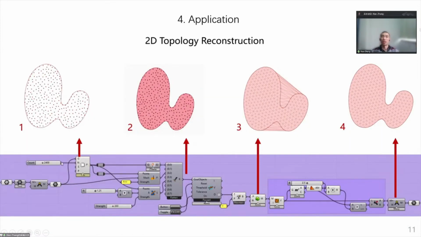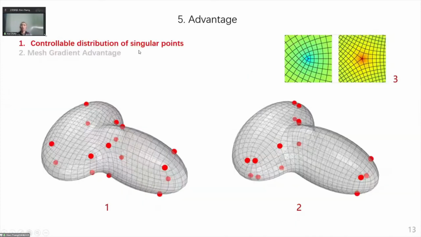Here is the mesh function to join onto it, but here it has a three-edge join point, and here it has a five-edge join point. That means a singular point. And in Figure 1, it is using our method. You can see the singular points have a really good distribution.